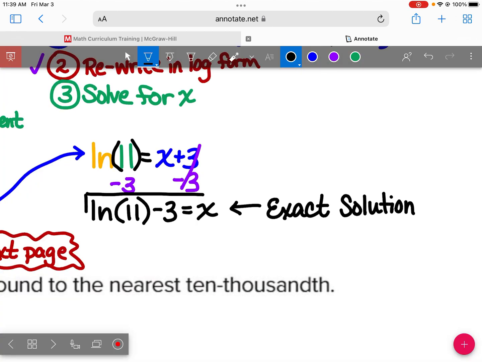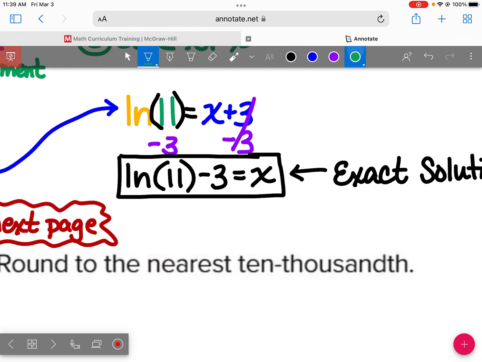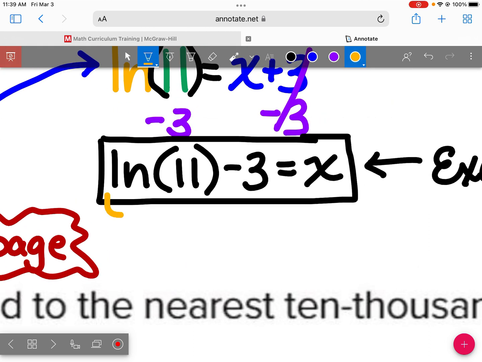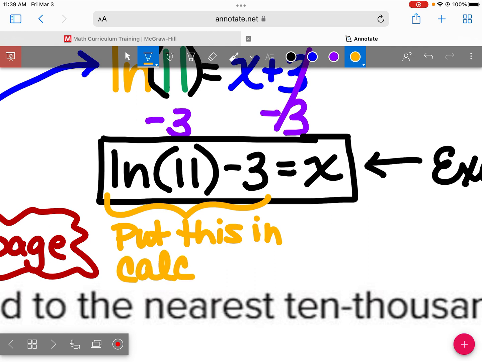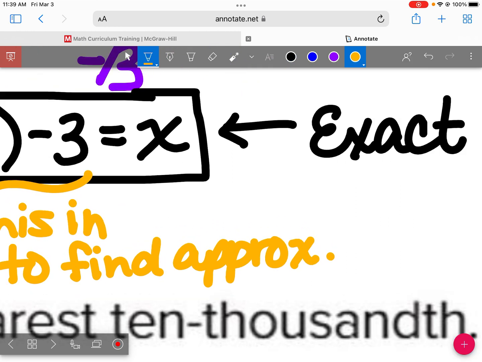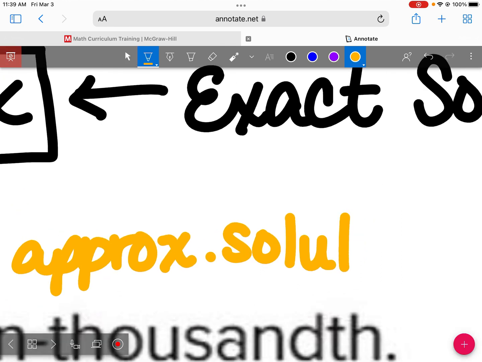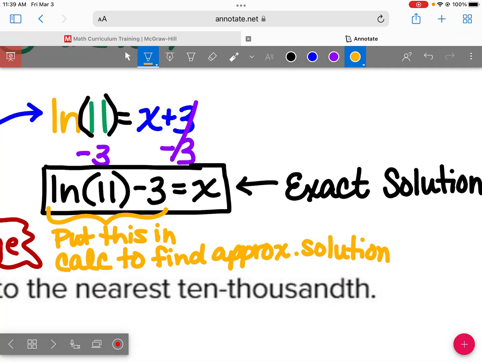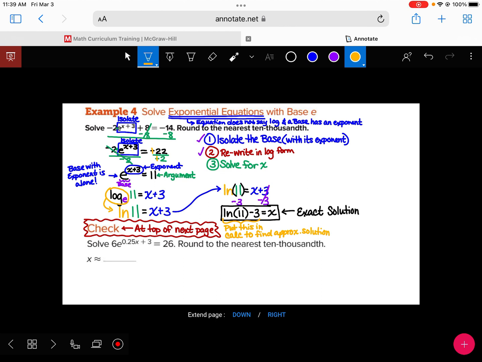When it's written like this, I have not had to do any rounding at all. How would I find the approximate solution? Put it in the calculator? Yep. Put this in the calculator to find the approximate solution. So let's do that. I'm going to push the ln button. It opens up parentheses.